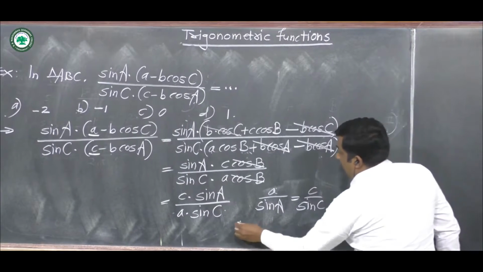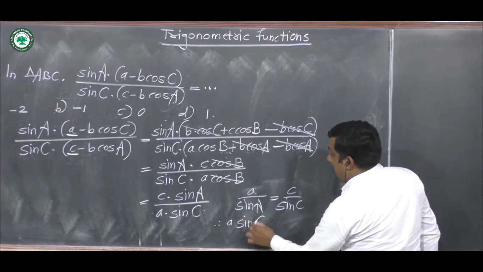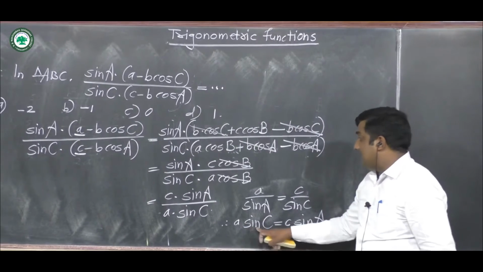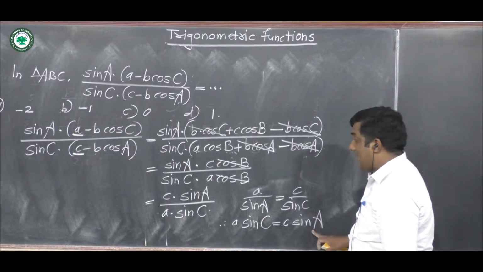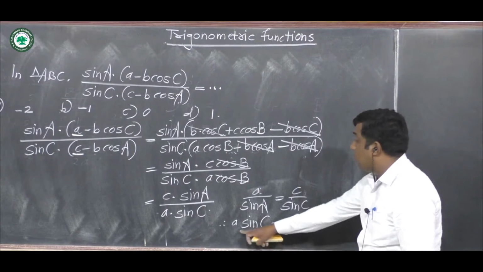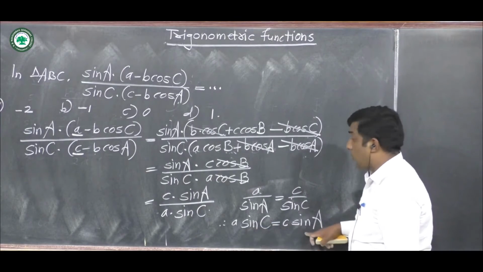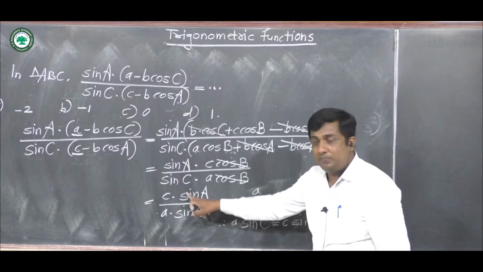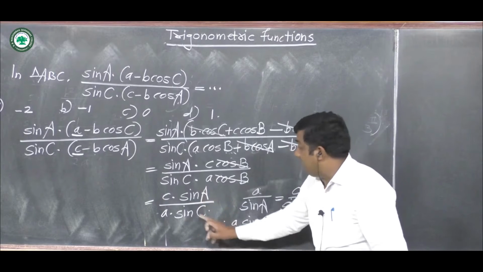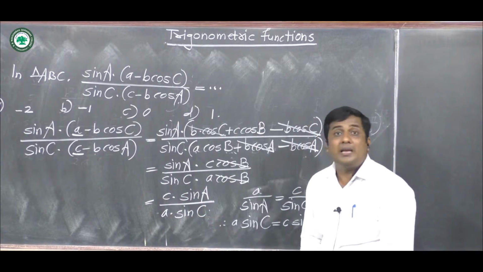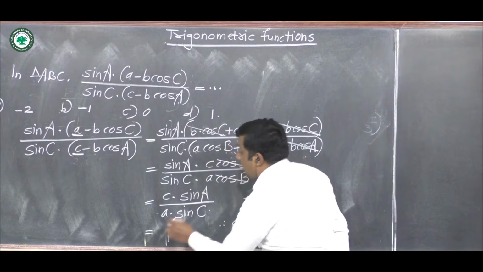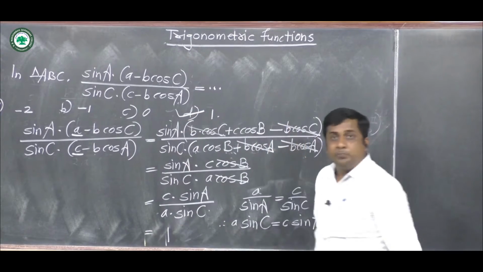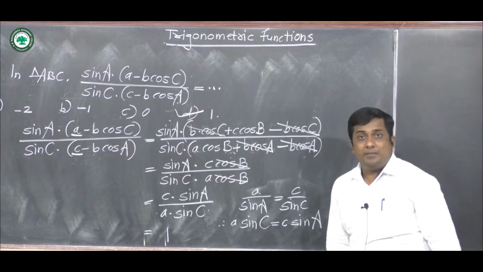Then we get A sin C is equal to C sin A. Since these two are equal, the numerator C sin A and the denominator A sin C are equal, so the value is 1. So the correct option is D.